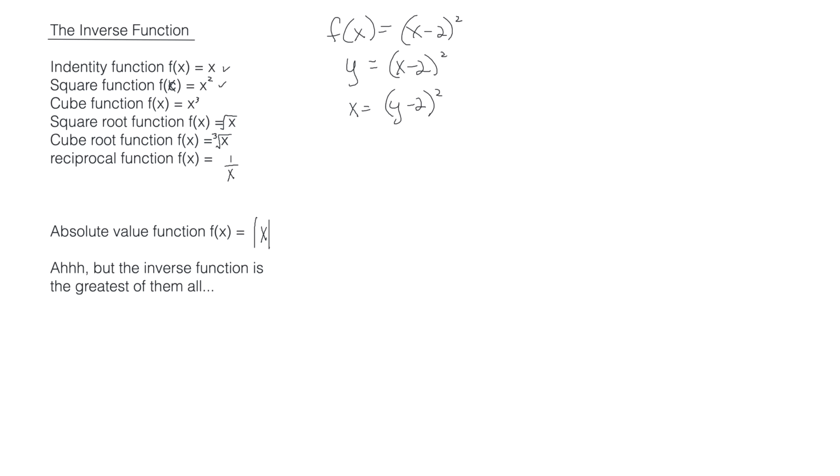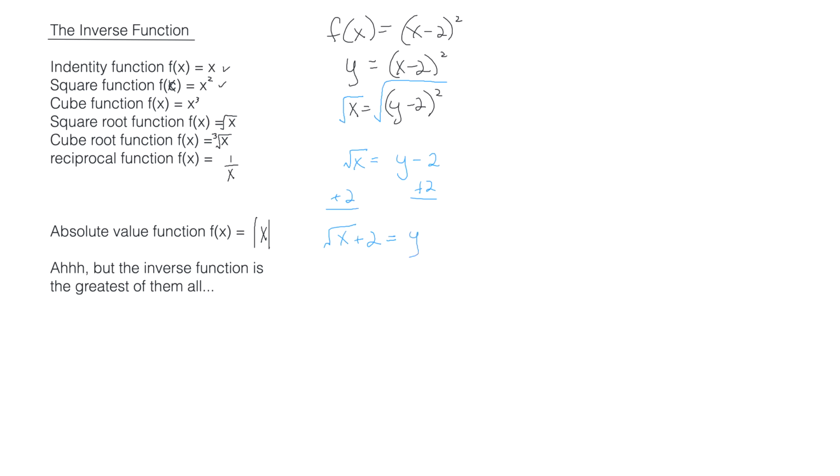Square root this side and square this side. So I have the square root of x equals y minus 2. I want y by itself. I'm going to move the minus 2. So I have square root of x plus 2 equals y.